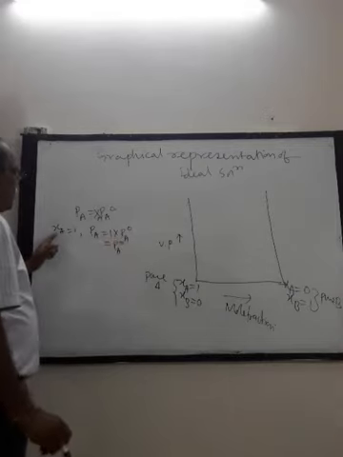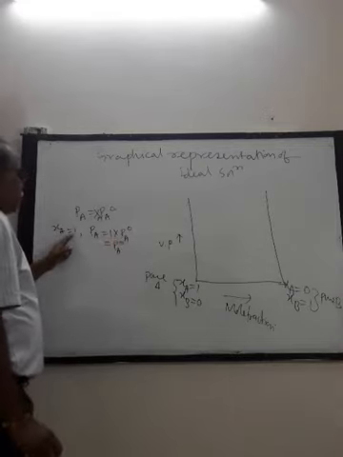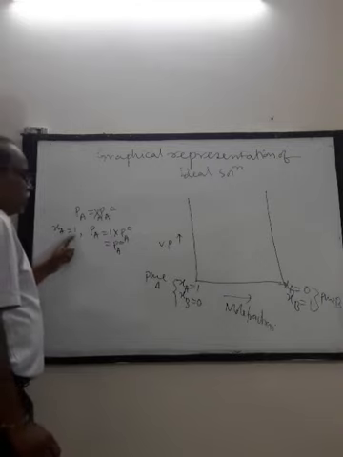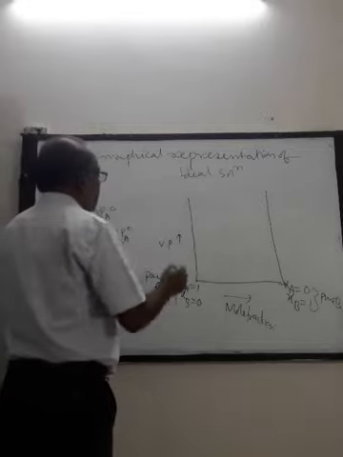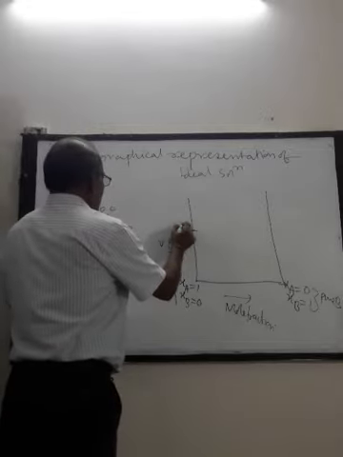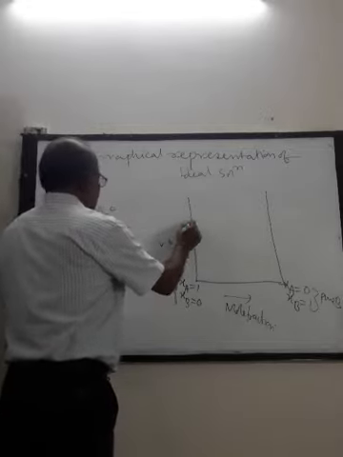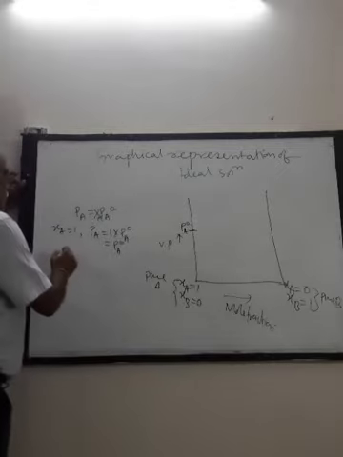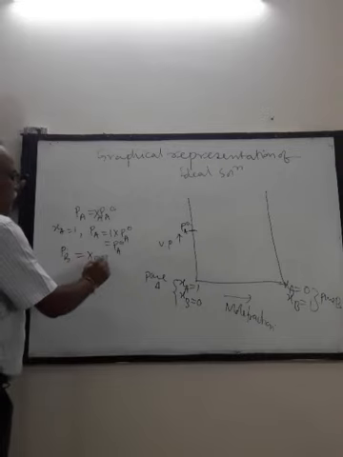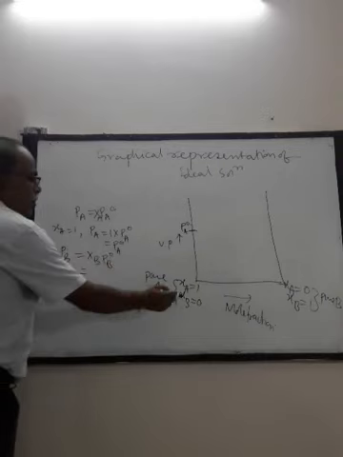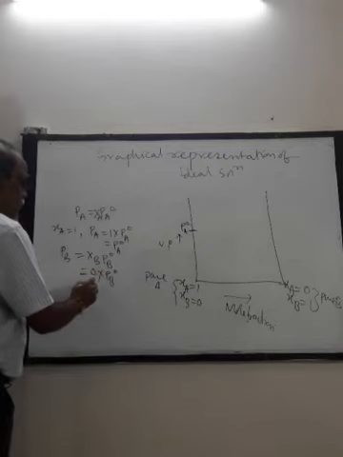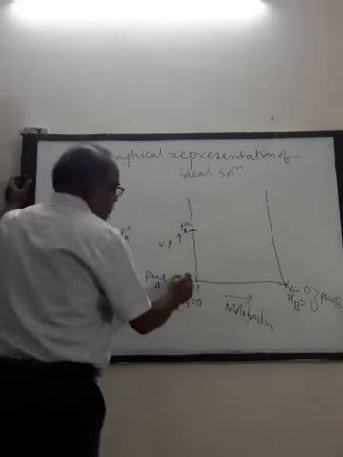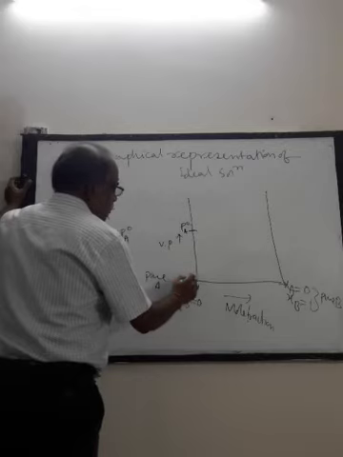So when XA equal to 1, that is mole fraction of A equal to 1, it is pure A, then vapor pressure is equal to PA naught. And PB equal to XB PB naught. So here XB equal to 0. So vapor pressure also 0.